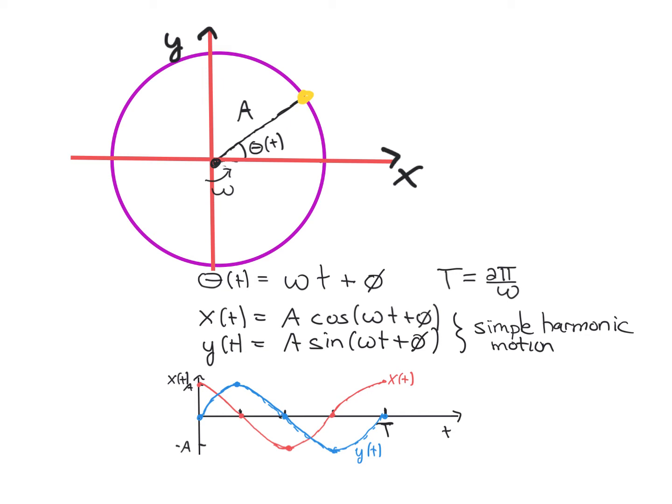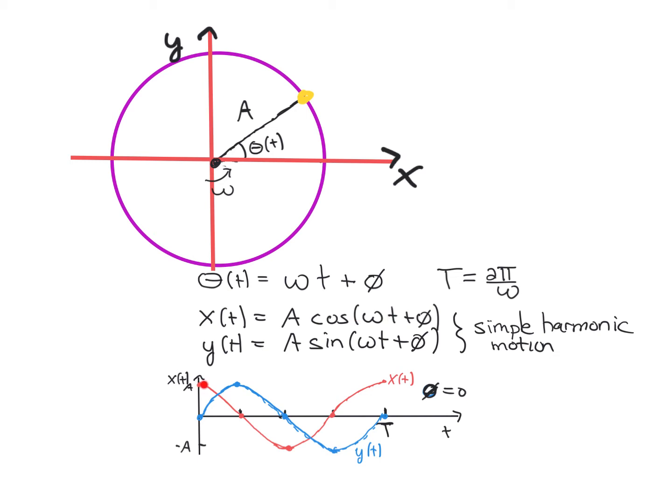So to make things simple, I'm going to assume that in this graph, we'll set this constant phi equal to 0, and you see that the red curve represents x of t. It's a cosine function. A cosine at time 0, the cosine of 0 is 1.